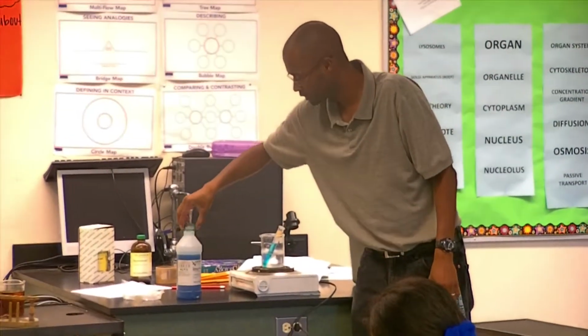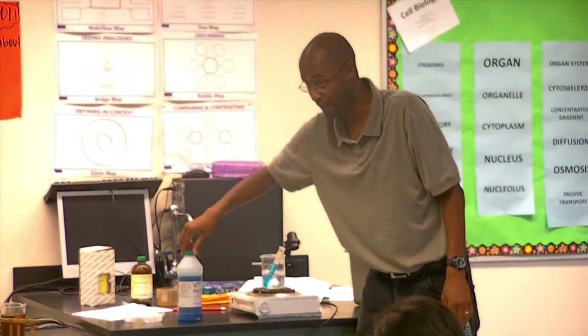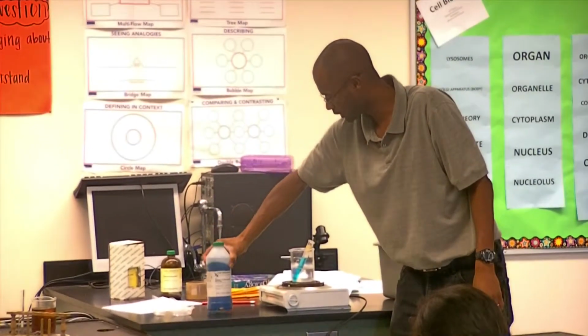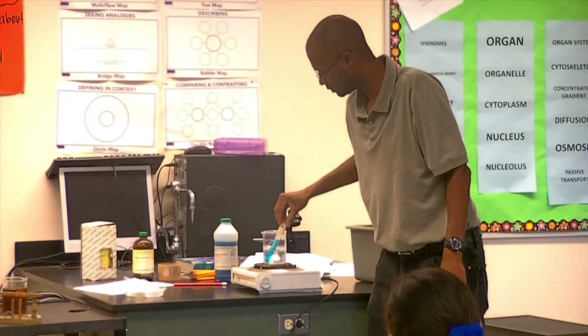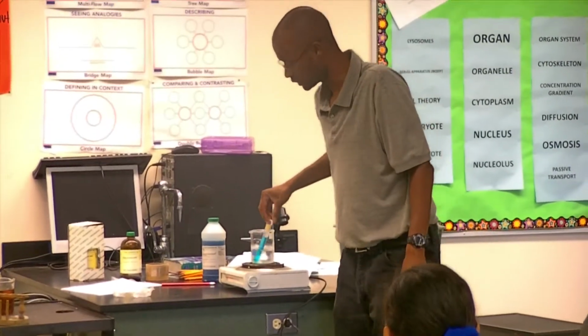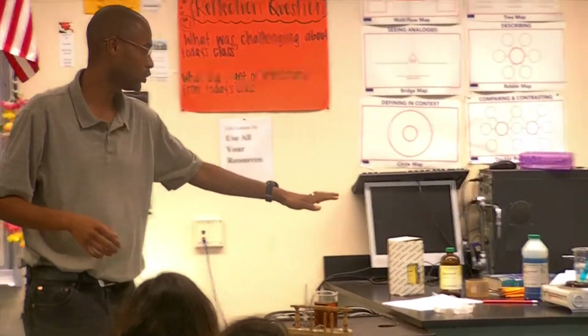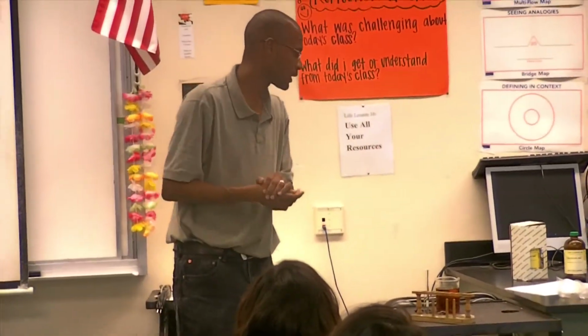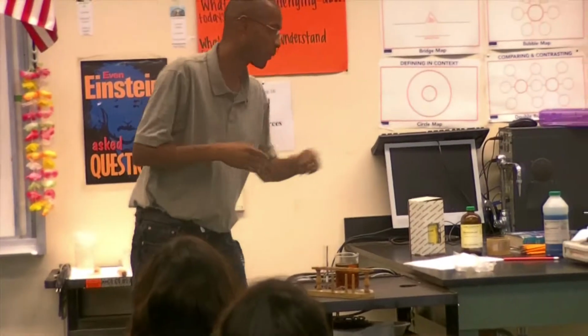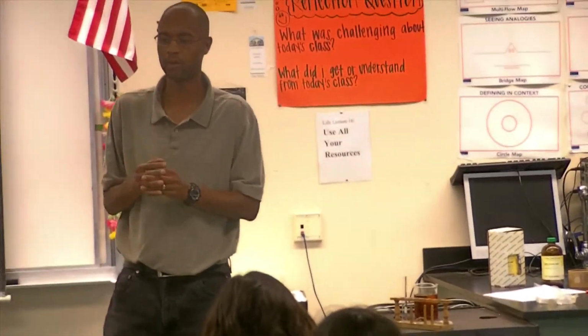If sugar went through the bag, what color should this turn? Carrot orange. Good job. It would turn carrot orange. So we're going to give this a few minutes to do its thing, and let's do water while we wait. Let's look at water. Try to zoom in on the beaker.